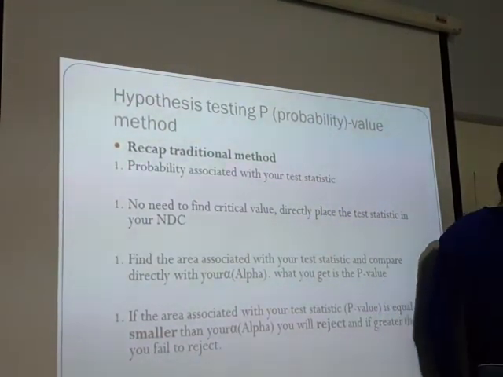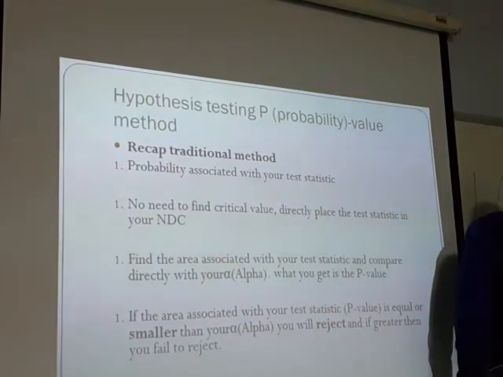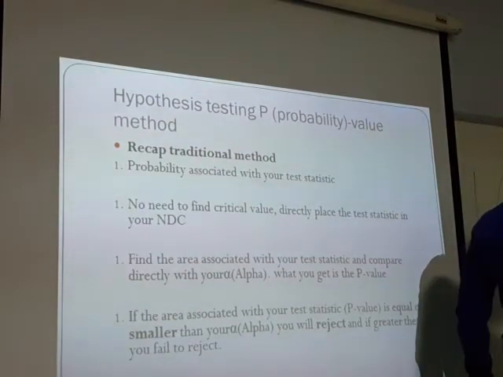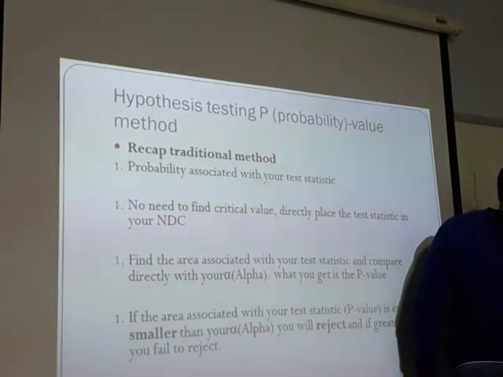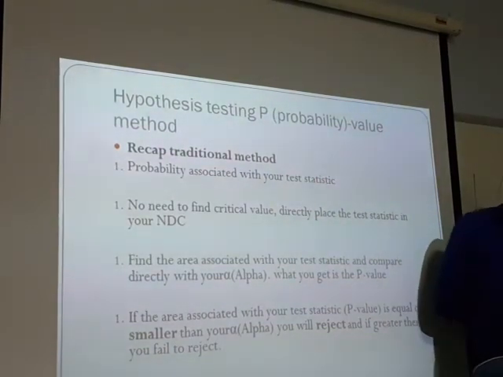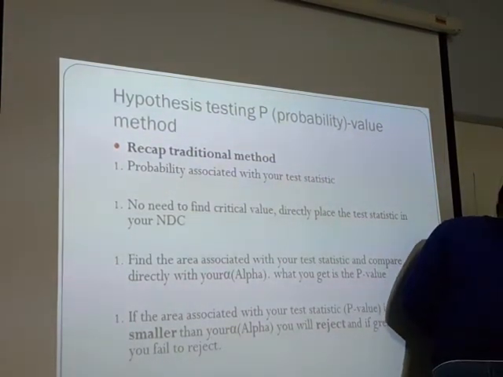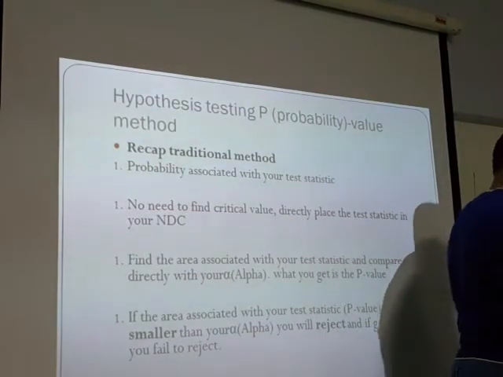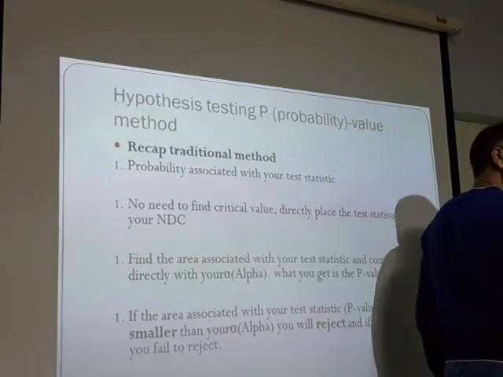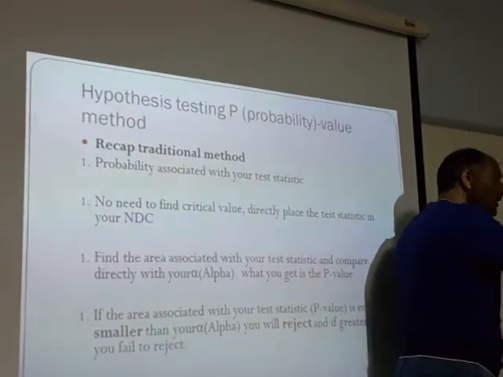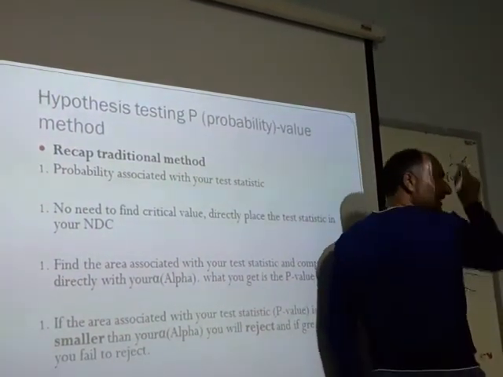So here you are doing the traditional method. Here what you are calculating is a p-value. If this p-value, whatever you got, is less than alpha, or you may get a p-value which is more than alpha. If you get a p-value which is less than alpha, it means that you reject. The p-value you are getting is very, very much less than alpha.